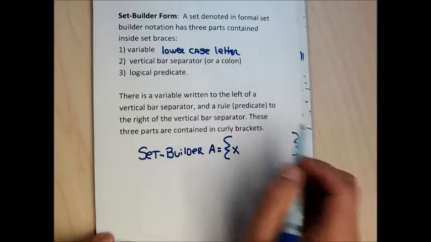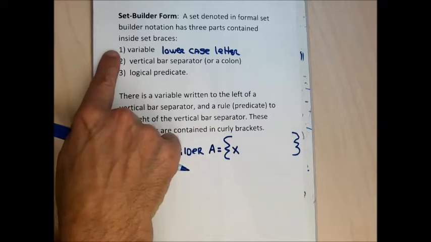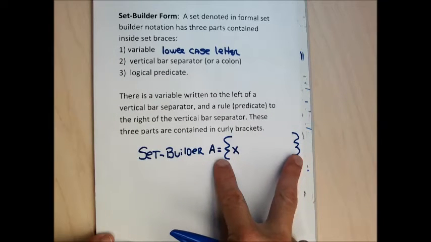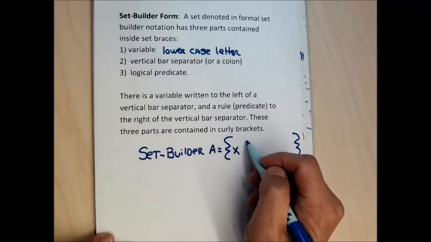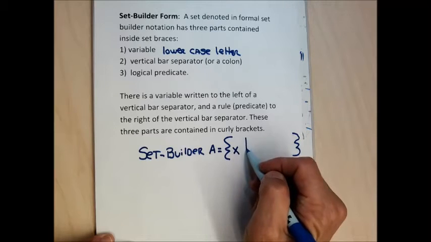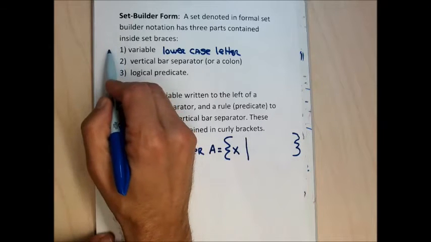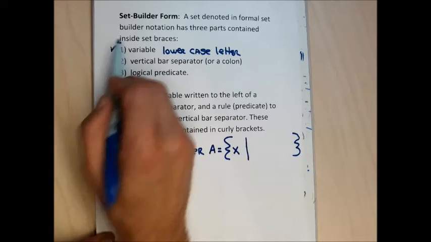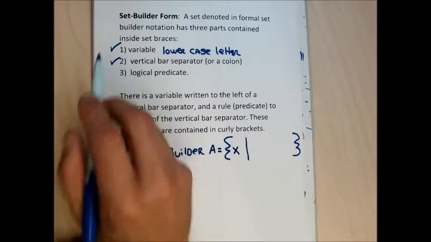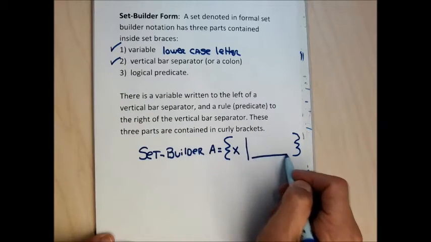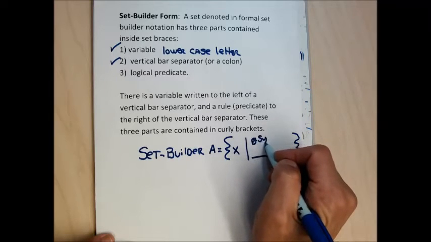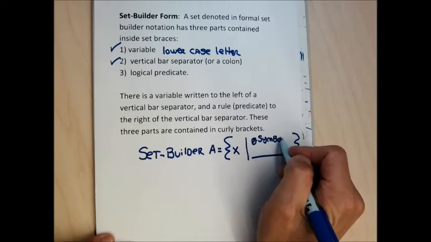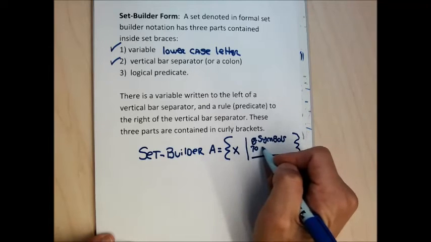99.9999% of the time when I go to write something in set builder notation, I write the squiggly set braces, I write a lowercase letter, 9 times out of 10 an X, and then after that X, I put a vertical bar. So I have set braces, a lowercase letter, a vertical bar, and then symbols to describe the set.